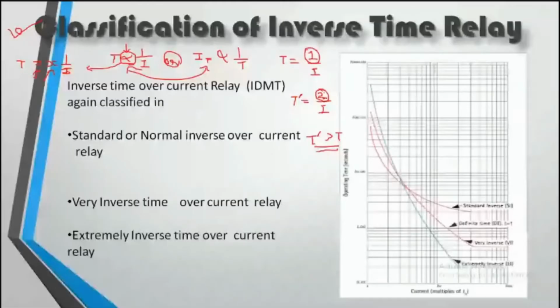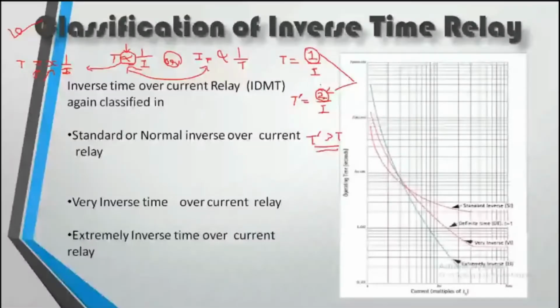So this proportionality constant x plays a major role in deciding the significance of the inverseness of the inverse over current relay. If you want more inverseness, then the value of x should be set accordingly, right?